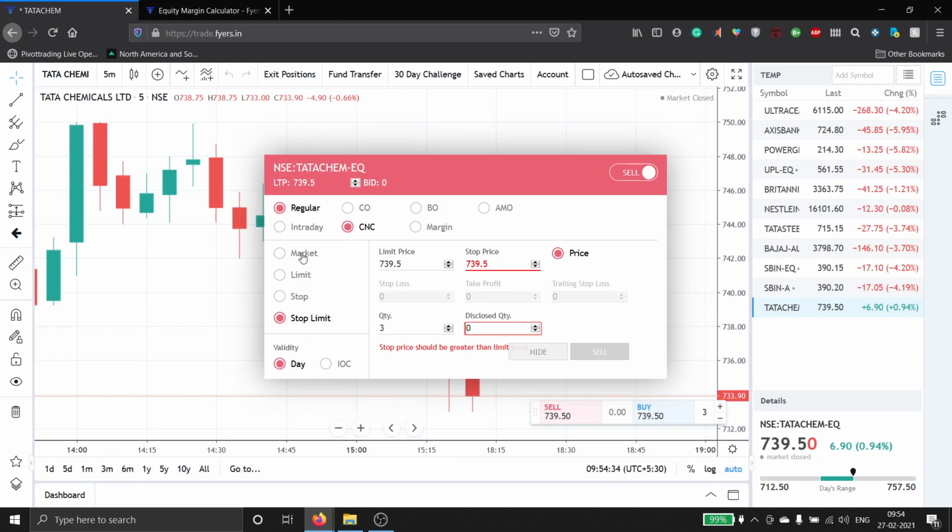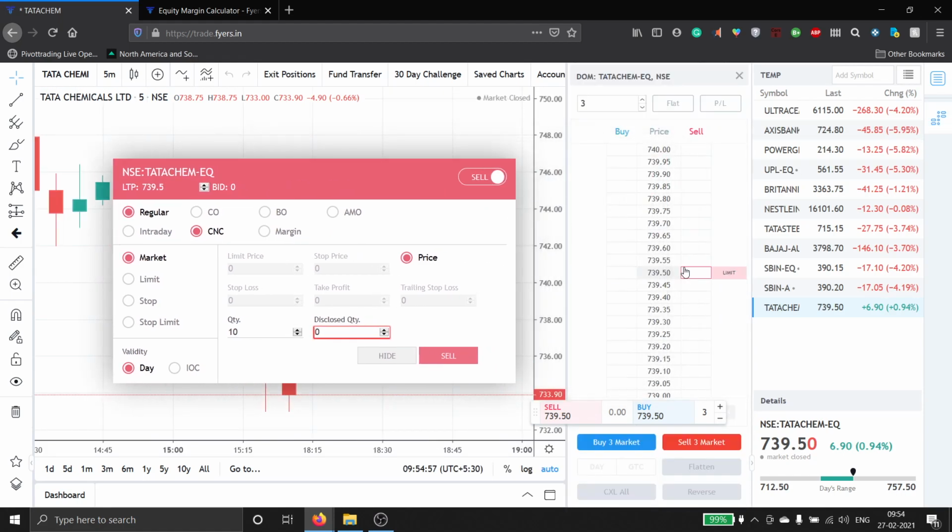Now in CNC you have these types: market, limit, stop limit, and stop. So what is the meaning of market? As the name suggests, you don't have to define anything, you just have to define how many stocks you want to buy. And disclosed quantity is basically the quantity that will be disclosed to the stock exchange. You see this market depth, where the number of orders will be visible. So your disclosed quantity will also add up to the numbers of quantity.